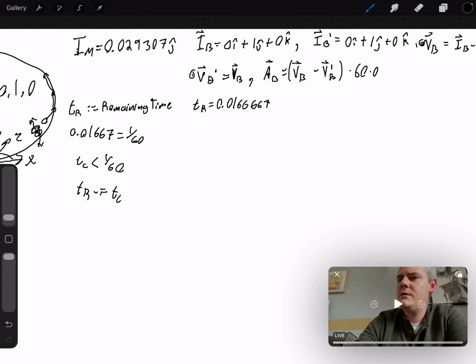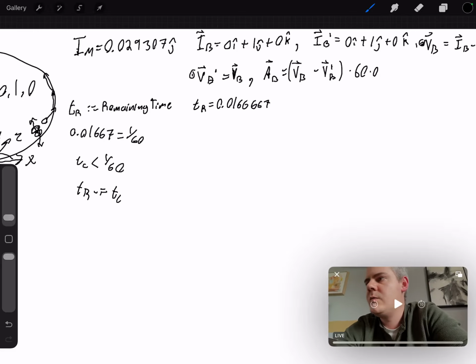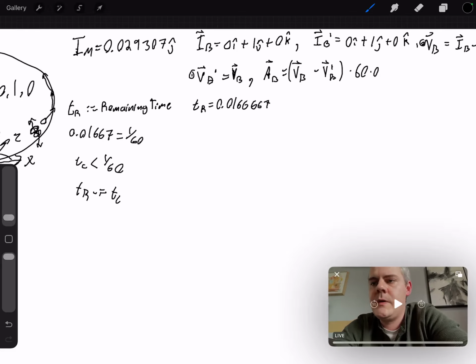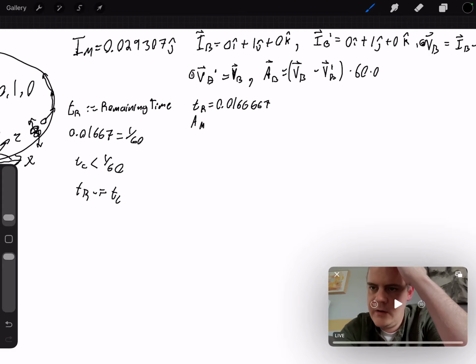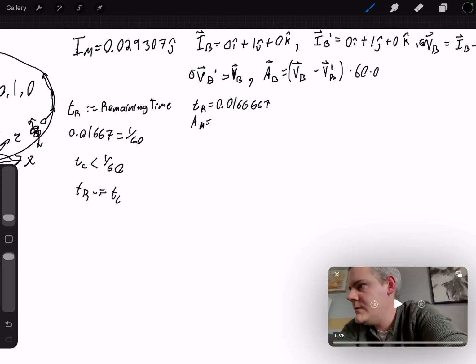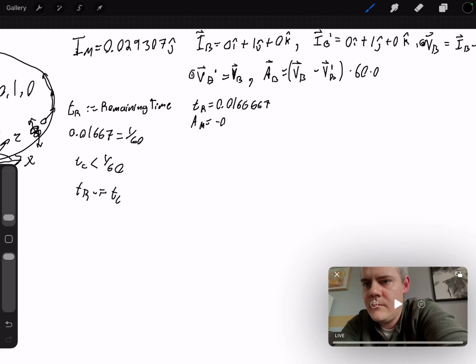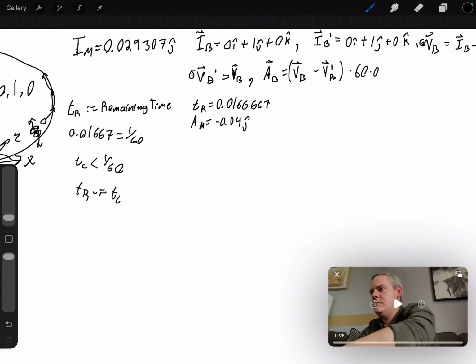This shouldn't be an issue, but it's worth noting, just so I can watch it a bit closer. My gravity is not 9.81. My gravity is acceleration of the marble is negative 0.04 meters per second squared.